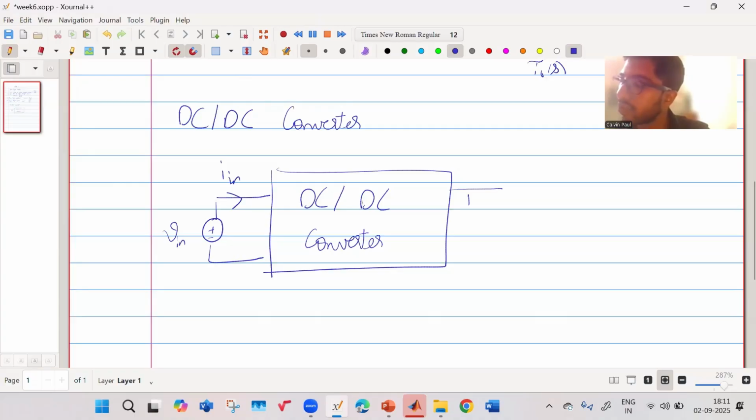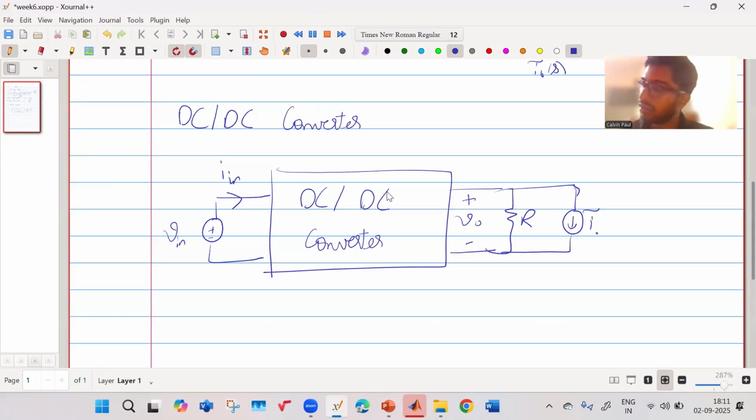Over here, you have your V output and your load R. Then you have this external current load, I output tilde. Let us say I output for the time being. Now, this DC-DC converter is driven by a duty D.